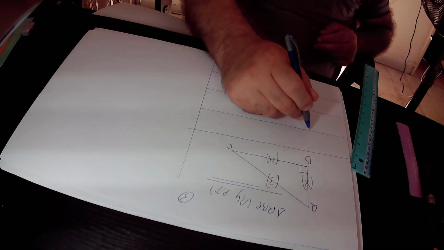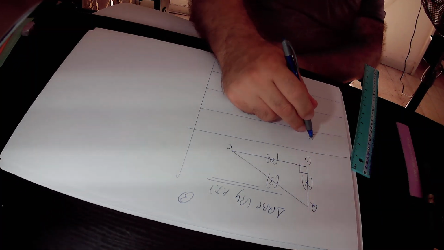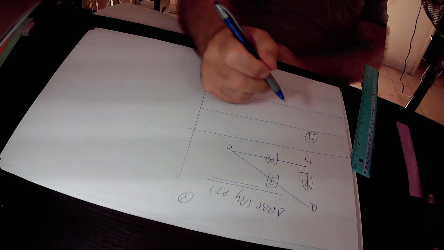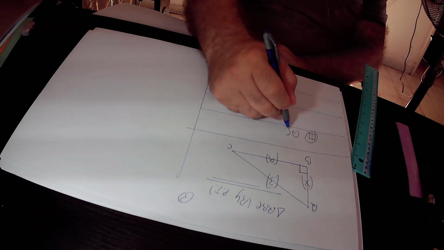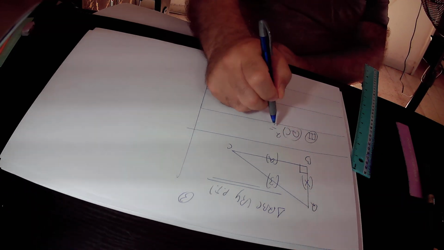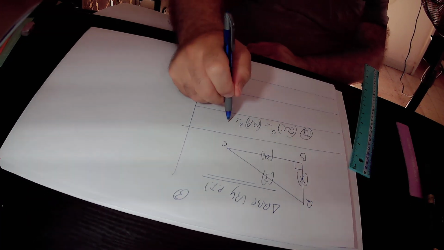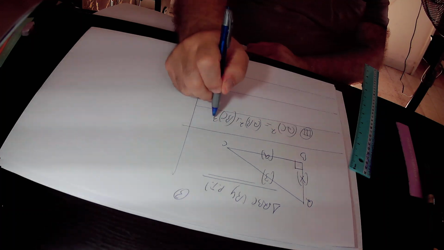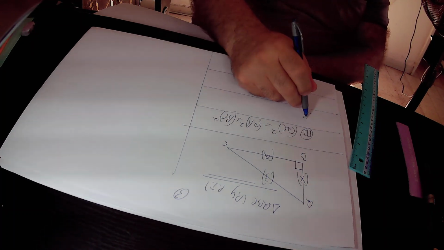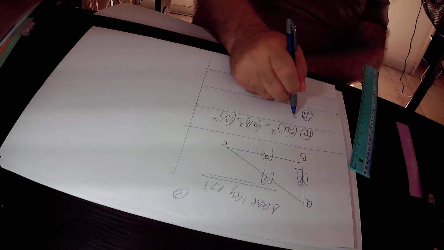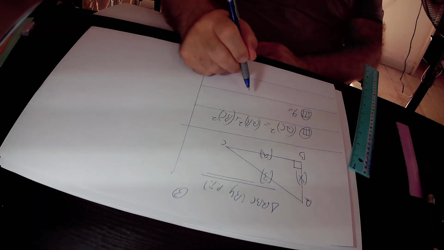According to equation 3, QC squared, that is the square of the hypotenuse, is equal to QB squared plus BC squared. QC is 3, therefore QC squared is 3 squared, that is 9, and it is equal to QB squared.